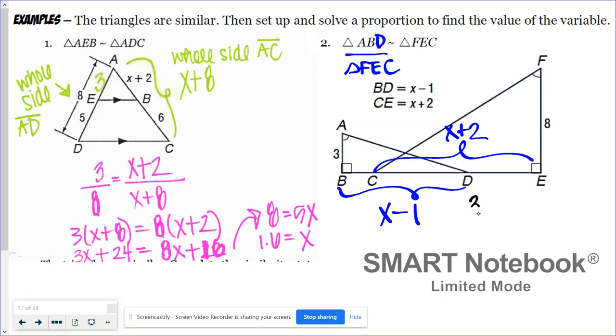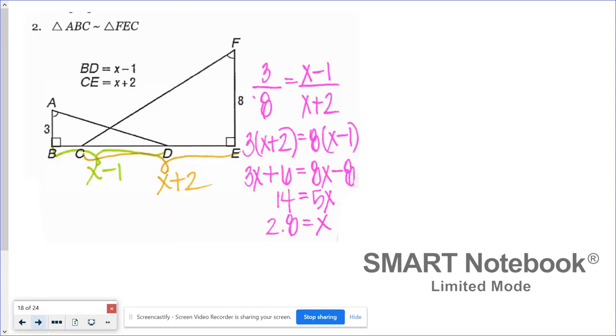So I'm going to have 3 over, and then this is going to equal x minus 1 over, and then I want to write the corresponding sides from FEC on the bottom. So AB corresponds to the side measuring 8, and BD corresponds to CE, which is x plus 2. So this would be my proportion. I would cross multiply to solve. And I did that, and I got that x is 2.8, okay?